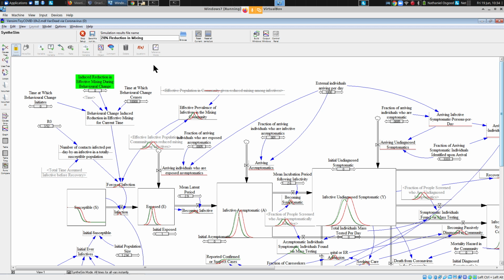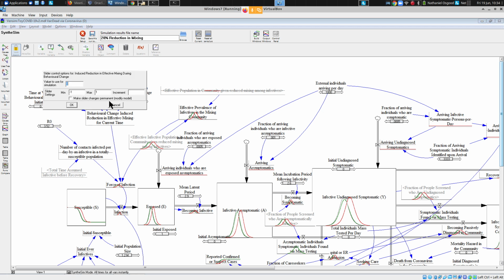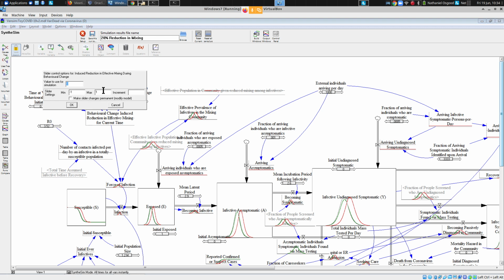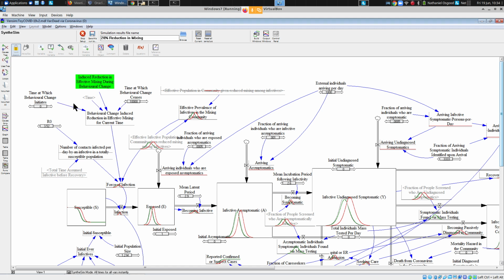To simulate this reduction in mixing, I want to go over to this variable that's highlighted here in green, in the upper left of the model. I'm going to click on it, click on this arrow just below it, and change it to 0.2, 0.2 being the equivalent of 20%. And I'm going to say, okay.